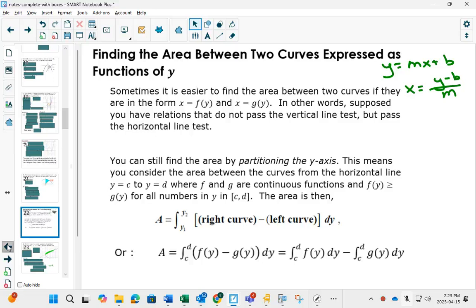And then because we're doing it in terms of y, we have dy instead of dx. Okay.